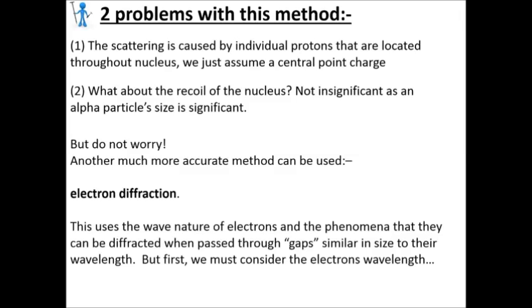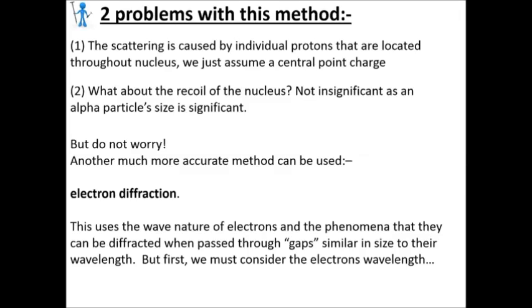So, as I say, don't worry, there's a far better method, and this is called electron diffraction. Now, electron diffraction goes back to some work we did in year 12, and this uses the wave nature of electrons. We're going to bring back the de Broglie equation, and consider the de Broglie wavelength of an actual electron.